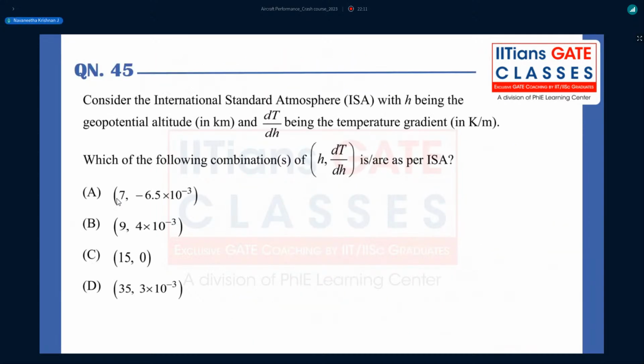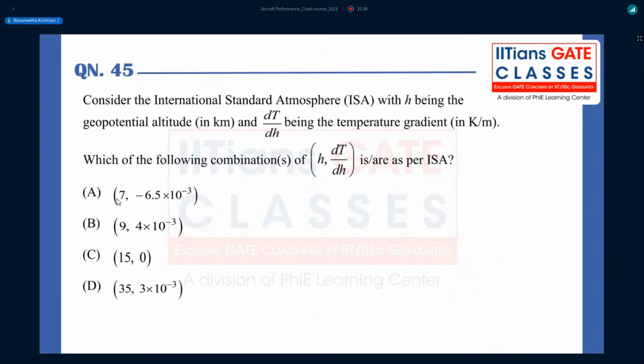Next, question number 45. Consider the International Standard Atmosphere, ISA, with H being geopotential altitude in kilometer and dT by dH being the temperature gradient in Kelvin per meter. Which of the following combinations of H, dT by dH is right as per ISA?